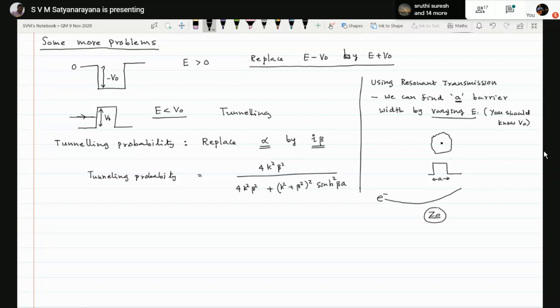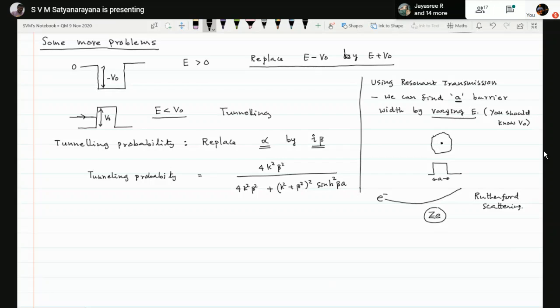You know that the scattering follows Rutherford scattering, and we know the Rutherford scattering cross section, and we see whether our experiment is agreeing with it. Now if you increase the energy of this electron higher and higher, it will go closer and closer to the nucleus.